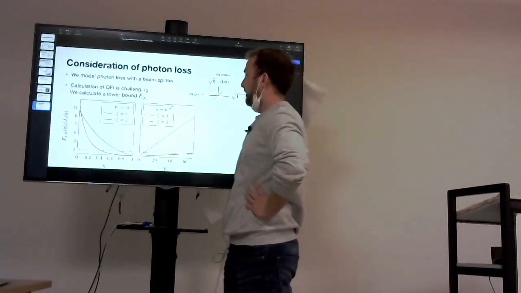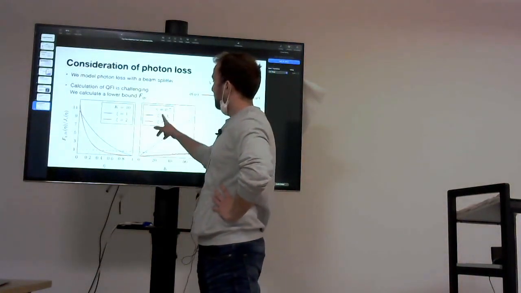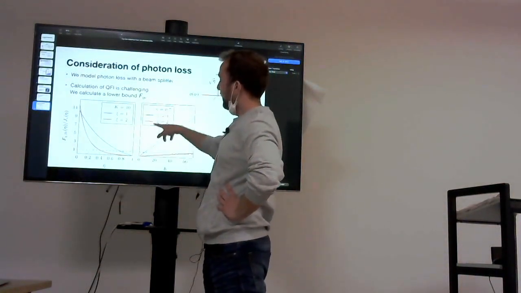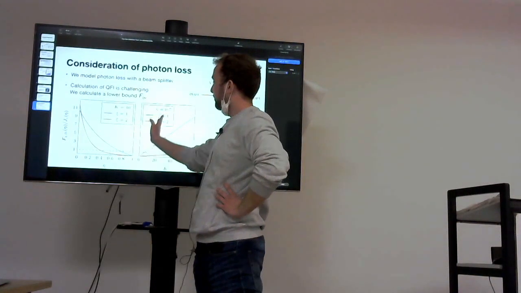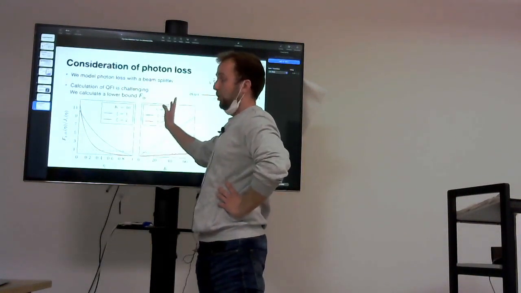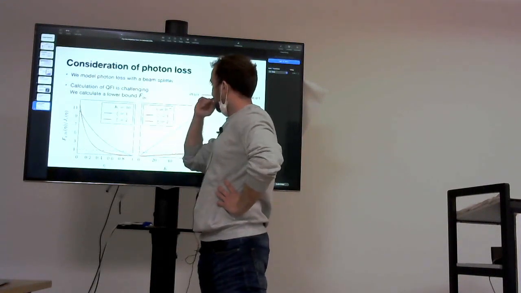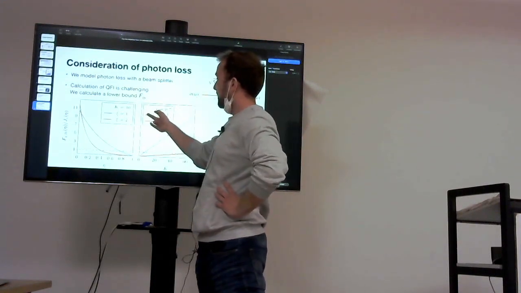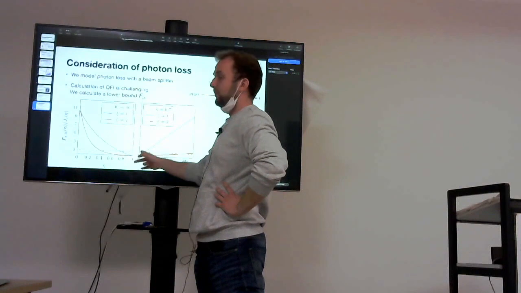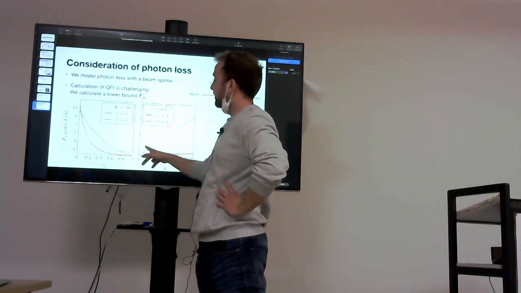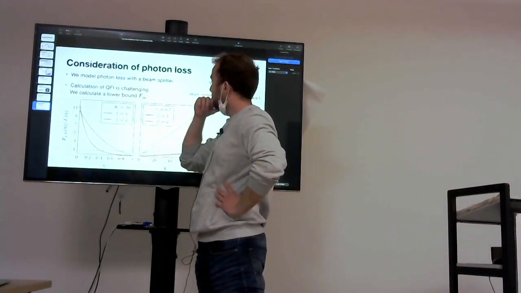I mean, the smaller the xi, the higher the slope. But for xi equals 0, then we have nothing. Then we just have 0.